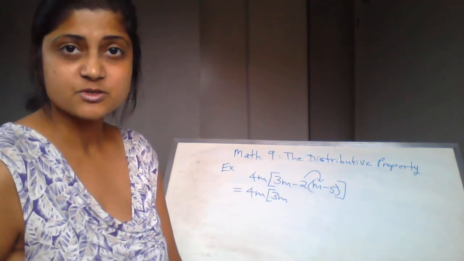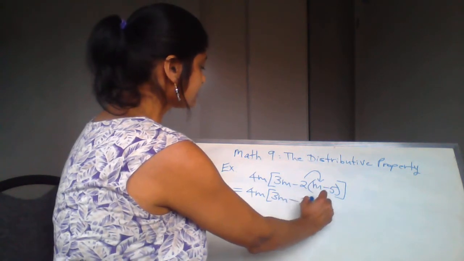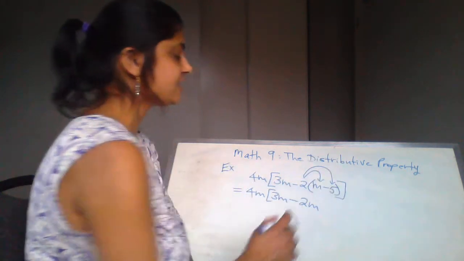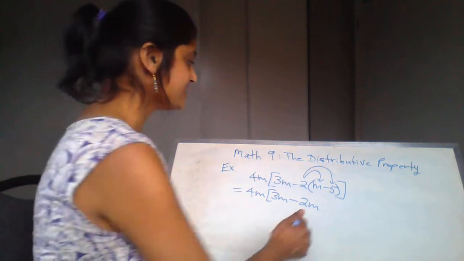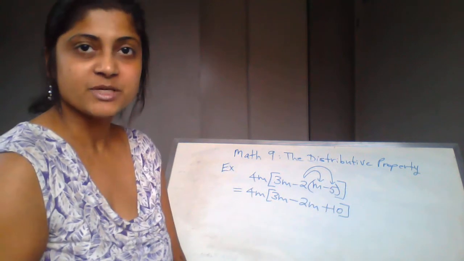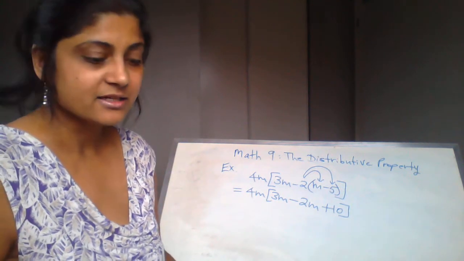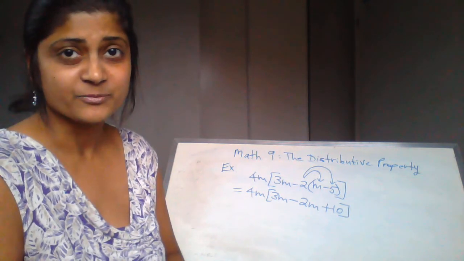This is negative 2 times m, so negative 2m. And then I'm going to do the negative 2 times negative 5, which is positive 10, okay? So plus 10. So again, I do have to make sure I'm watching the signs, okay guys? Like if you change the signs around, your final answer is still going to be wrong, okay?